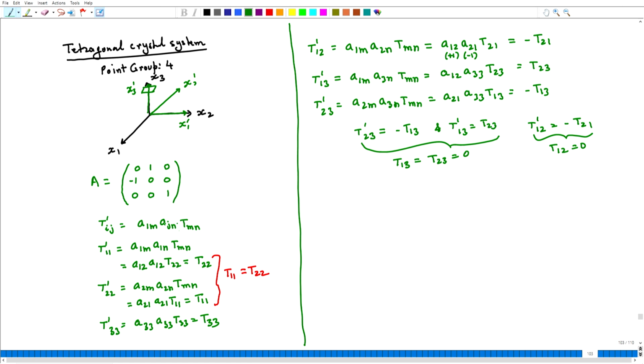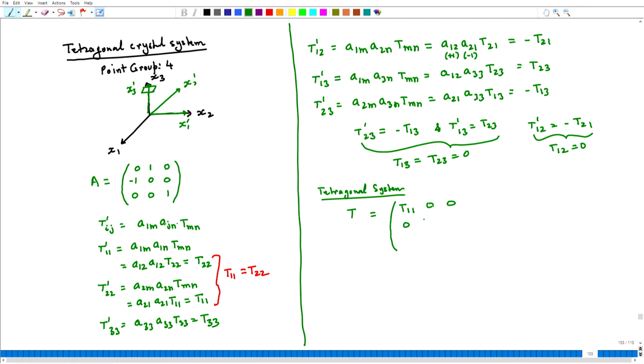So, the final tensor that we will have for a tetragonal crystal system: the off diagonal terms are going to be 0.